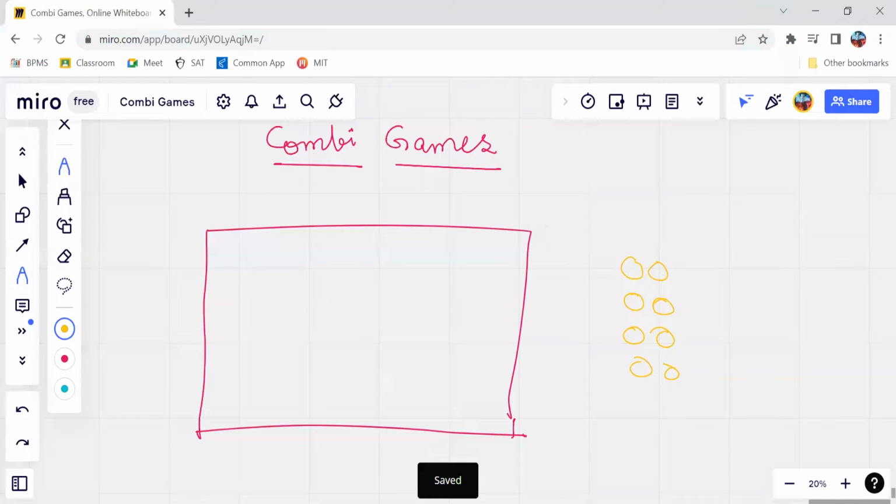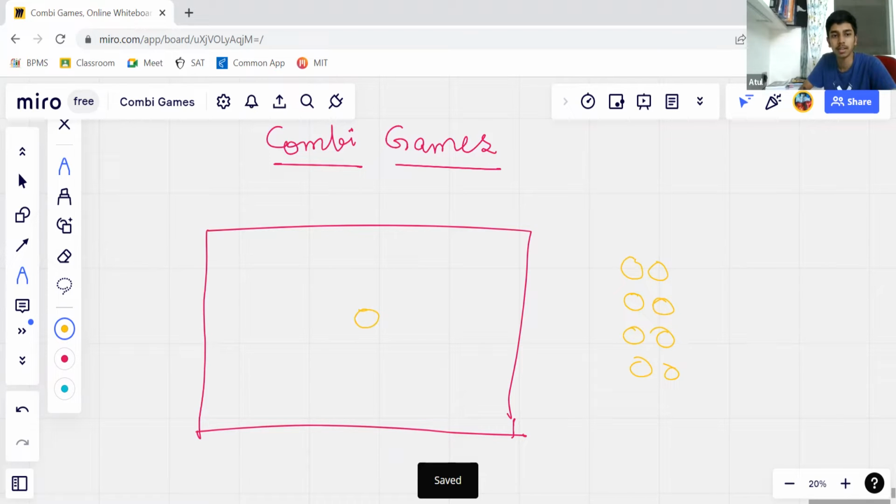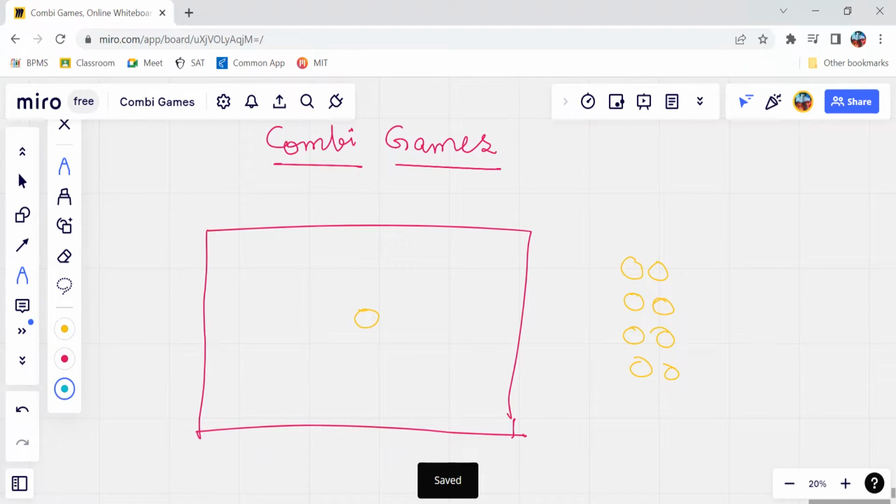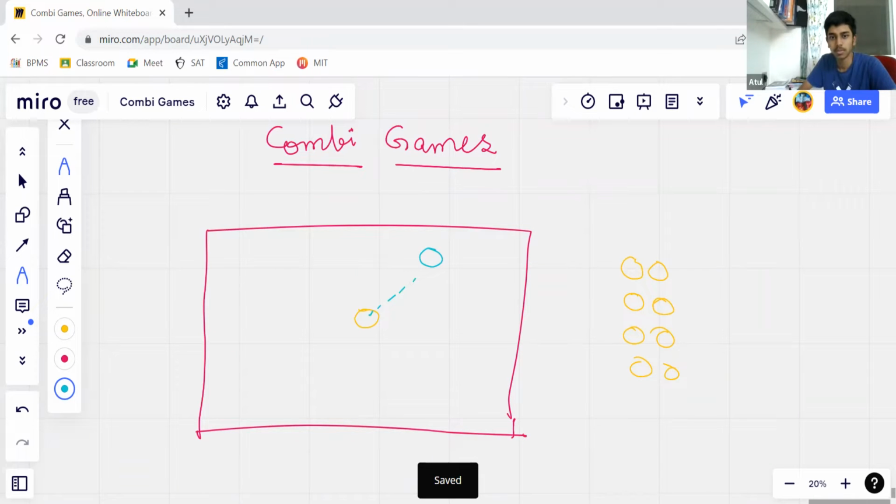The first person can take the center of this whole rectangle. The first person can put this coin on the center of this rectangle. And then if the second person puts a coin somewhere on the board, the first person can just place one in symmetry opposite to that, like the symmetry going from the center.